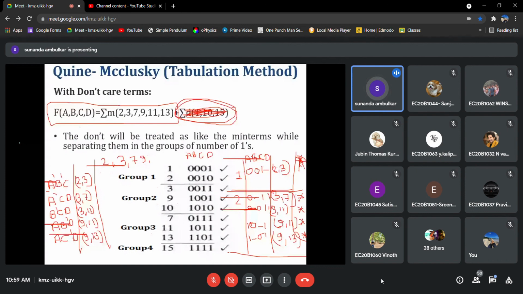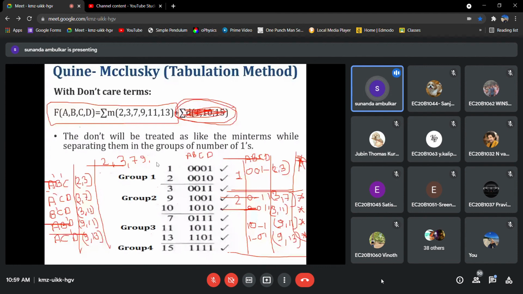Take all the min terms while grouping and while comparing. After finding the last table, for which no further comparison is possible, you see the unchecked terms. Take those unchecked terms as the prime implicants.